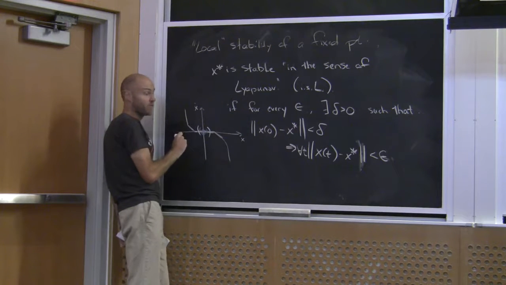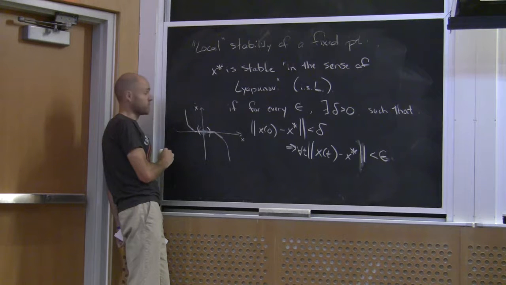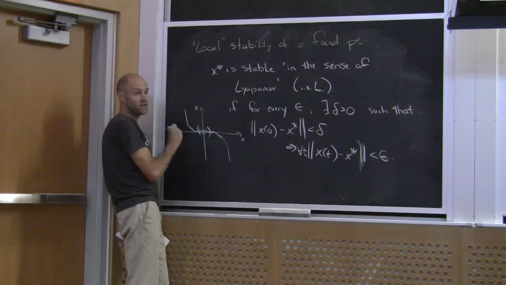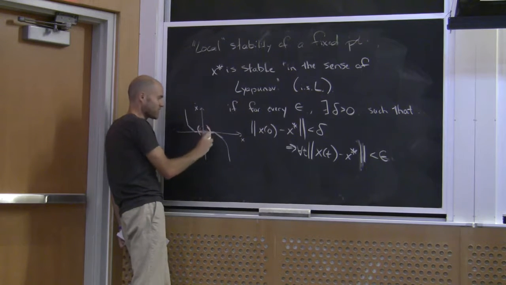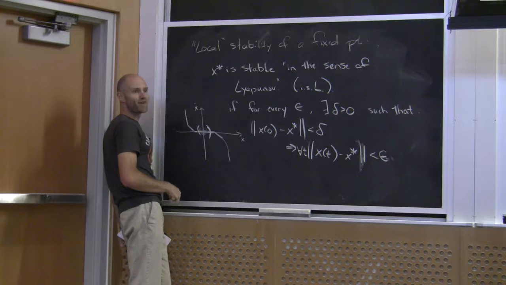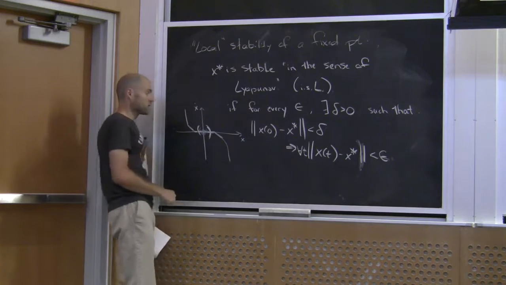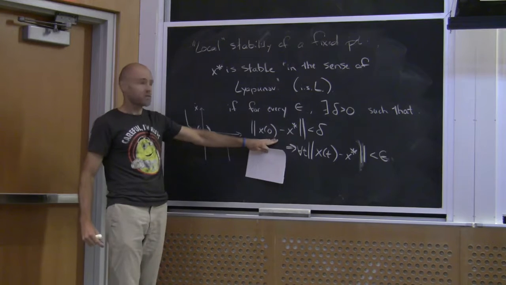If I can't play that game with you, then the system's not ISL. If I can't find a delta for every epsilon you could choose, then the system's not ISL. In this case, for this system, choosing delta equals epsilon is my algorithm, and that's fine, that'll work, but it's harder than that in general. Does this notation make sense to everybody?